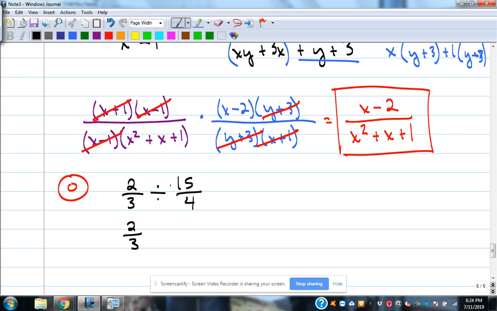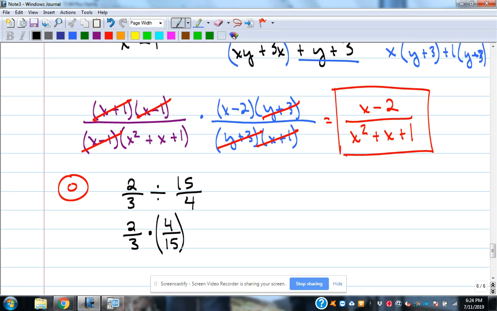Change what? Change which one? We change it to a multiplication problem and we multiply by the reciprocal. You flip the second one.